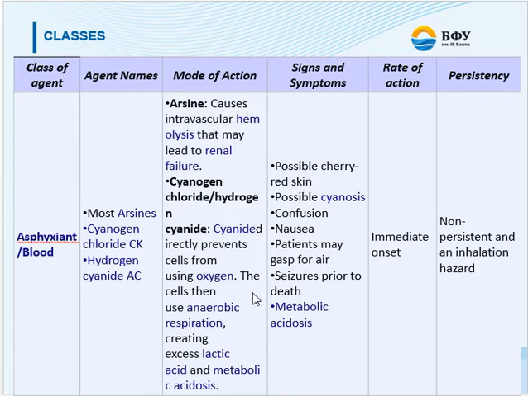The cells then use anaerobic respiration, creating excess lactic acid and metabolic acidosis. Signs and symptoms: possible cherry red skin, possible cyanosis, confusion, nausea, and potentially death.